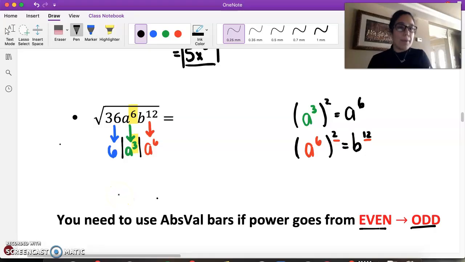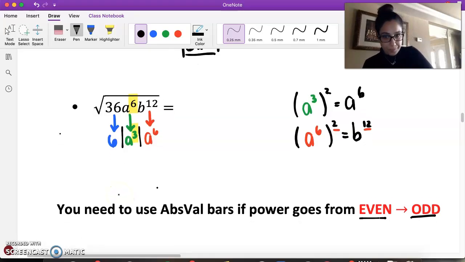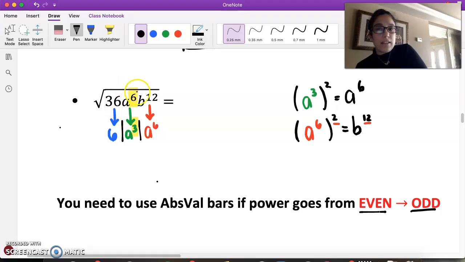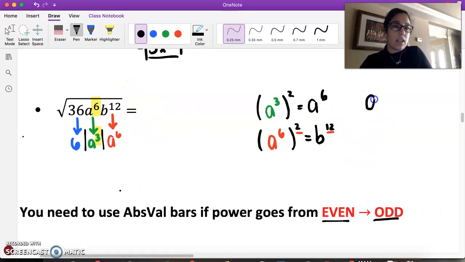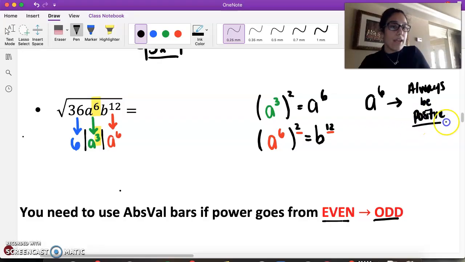Why does this happen? Because a to the 6th will always, always, always be positive. No matter what the a value is, positive or negative, it is always going to be positive. The problem is that a to the third will not always be positive.